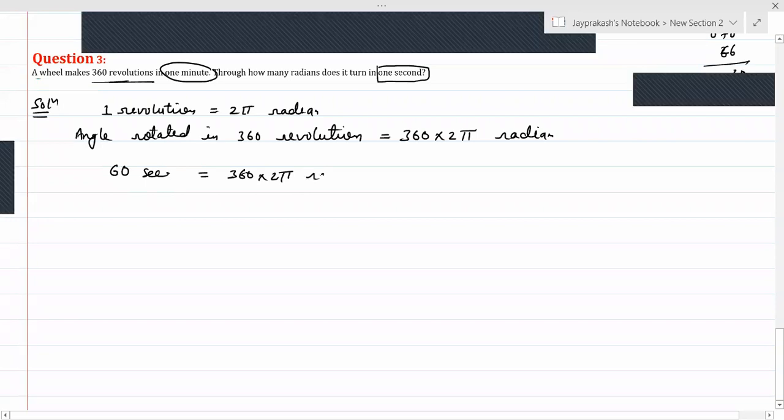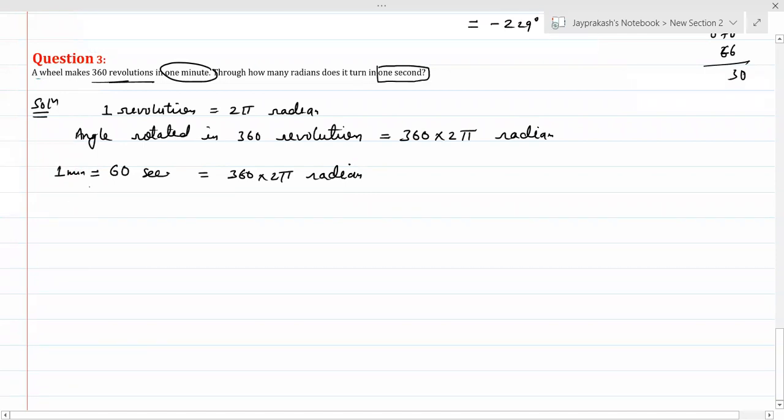That is the rotation. So 60 seconds means 1 minute. So in 1 minute, that means in 60 seconds, it is making 360 into 2 pi radian.